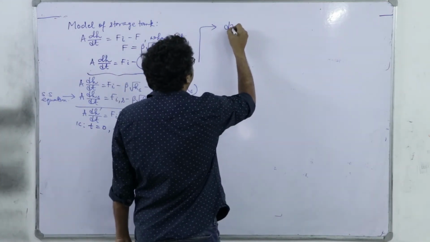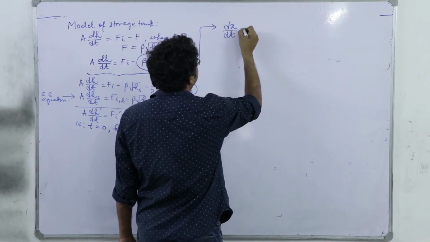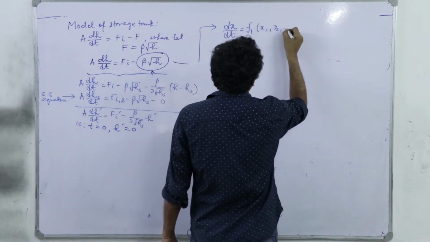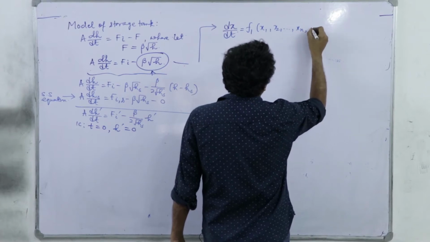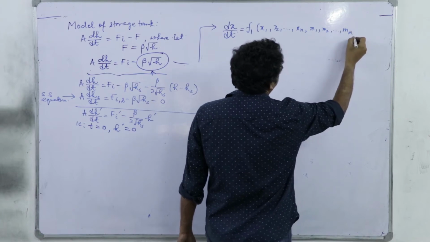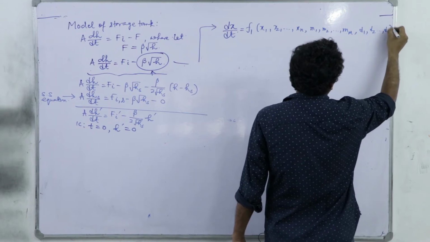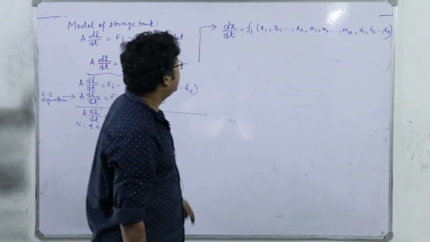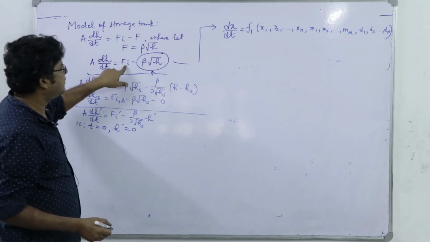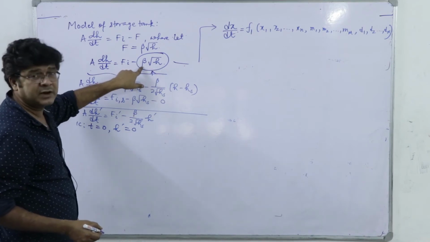So, if I think of dx/dt as a function of x1, x2, xn, then m1, m2, mm, and d1, d2, dk. Actually dx/dt here, just like dh/dt, is a function of the state variable itself and a manipulated variable beta.